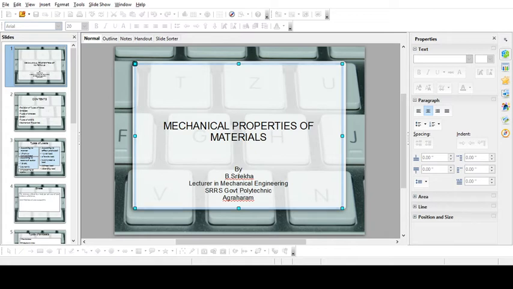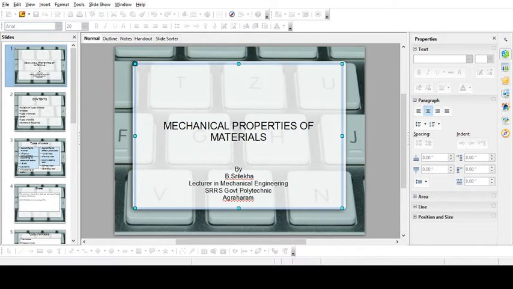The materials will simply be hammered. Okay? This property can be used in rolling of thin sheets, and due to this effect only, the metals can be hammered and rolled into thin sheets.